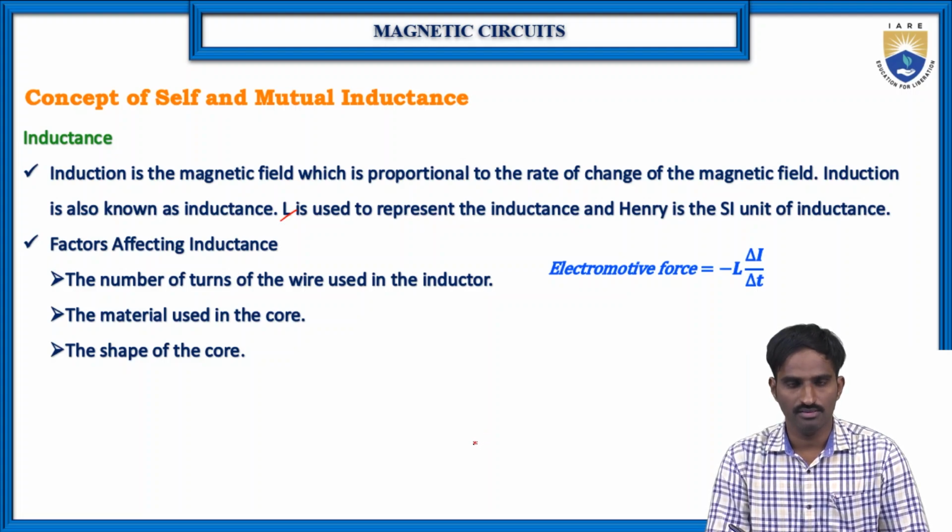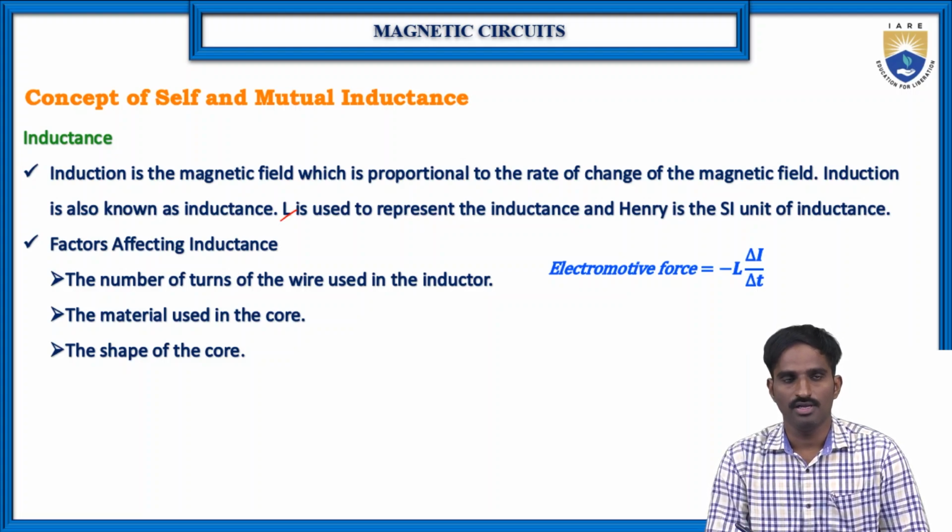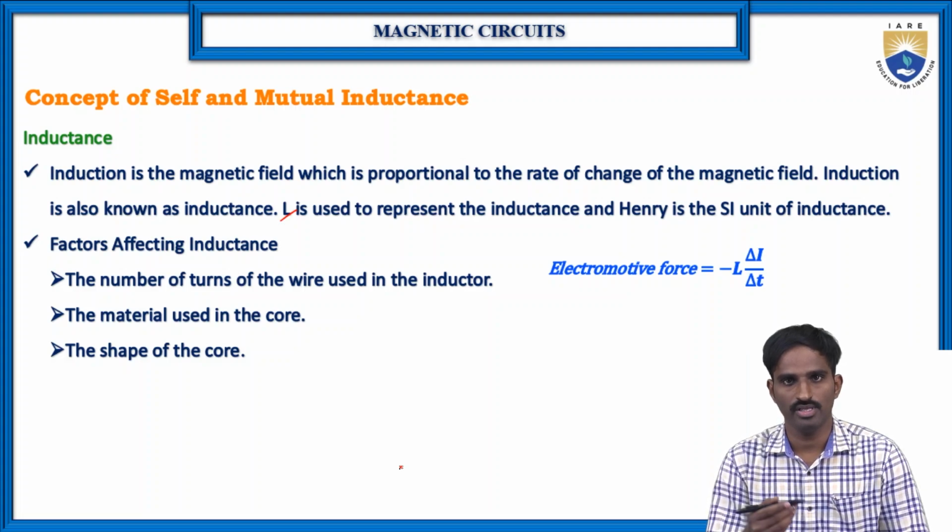There are various factors that affect the inductance of the inductor. The first is the number of turns of the wire used for the inductor, because a coil is nothing but a wire turned around a particular conductor.